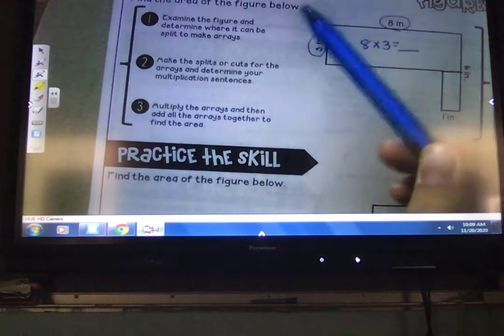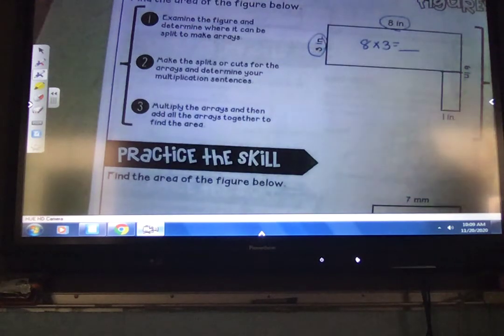So I'm going to have to look on this side, and I notice there's 3 over here, which means this is 3. So 3 and what would give me my 6? Because 6 was the total. 3 plus 3 would give me my 6. So I now know if the top is 3, the bottom's also 3. So now this rectangle has a length of 3 and a width of 1.